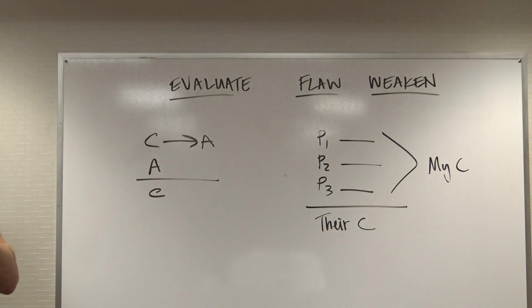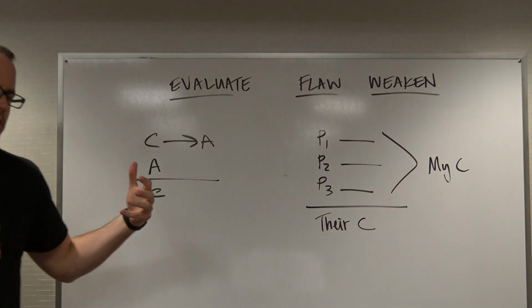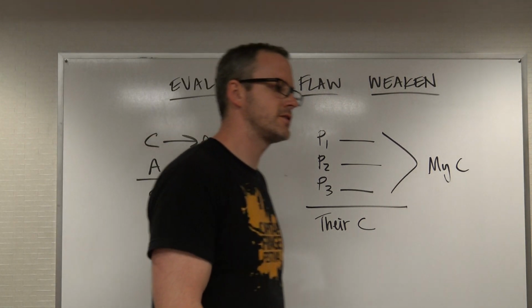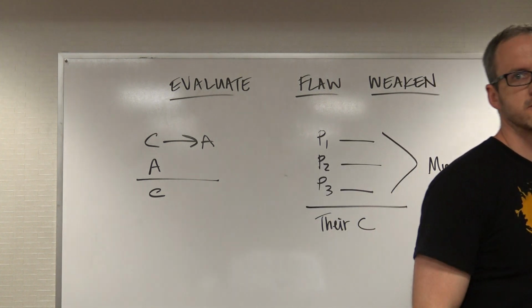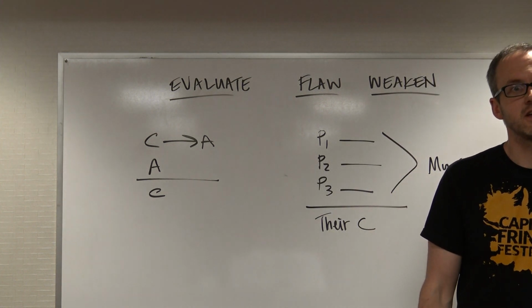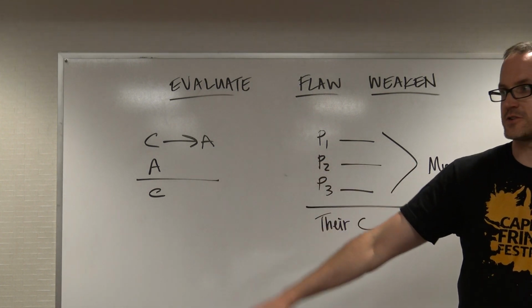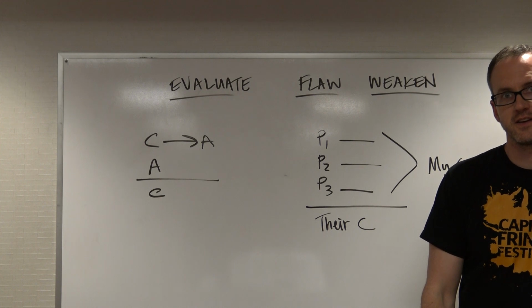Now, here's the question that I want to know. I think we all recognize this is flawed. But why does the LSAT consider this confusing necessary conditions for sufficient conditions? Why do they describe it in that way? Can anyone pinpoint here what is going on in terms of necessary and sufficient conditions? Yeah.